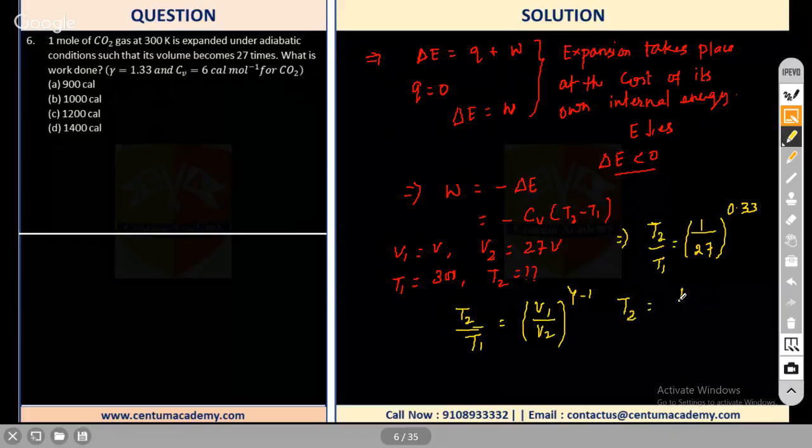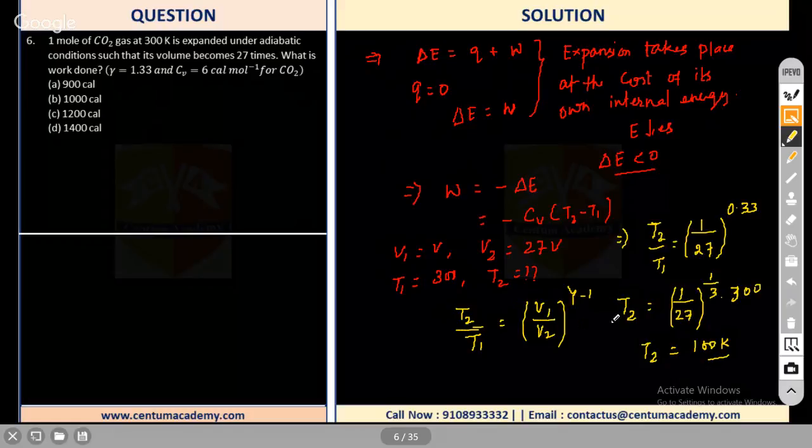How can we solve this? 1 by 27 to the power 0.33, we can write as 1 by 3, into T1, which is 300 Kelvin. So when you solve this, T2 is equal to 100 Kelvin, you will get.